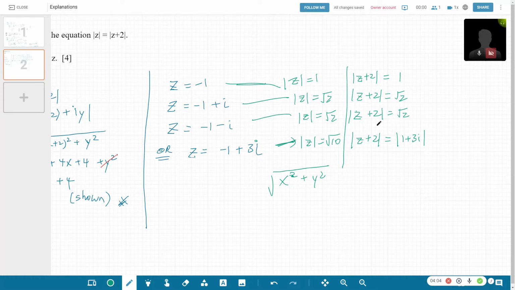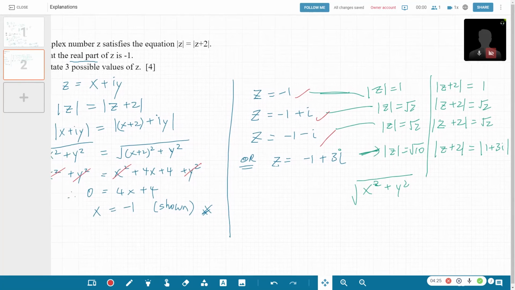What you are changing when you do a plus 2 is changing the -1 to a 1. So when you square, it's still the same, and the y value is still the same. That is why any y value will work. In general, for any y value, you'll get mod z equals mod z plus 2 if the real part of z equals -1. So any of these can be the answer. You can choose this as the answer. Okay, so that is for this question.